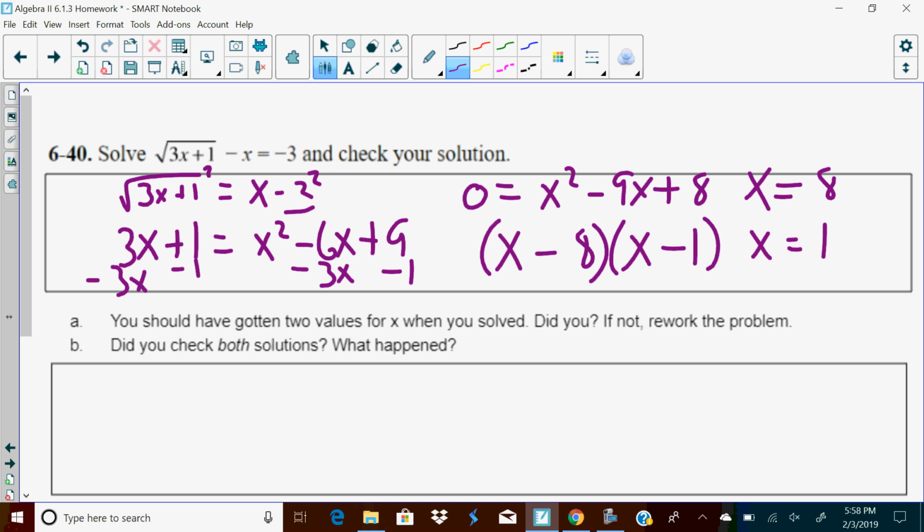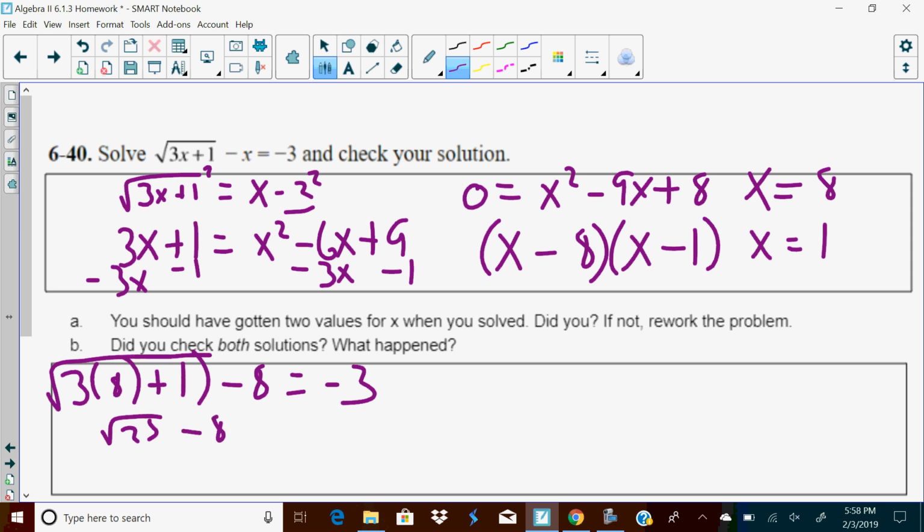So then I should have gotten 2 values for x, which I did, so I don't have to redo the problem. And then did I check both solutions? So I'm going to plug them back in. First, let's plug back in the 8. So I get the square root of 3 times 8 plus 1, which is 25, minus 8, which is 5 minus 8, which does equal negative 3.